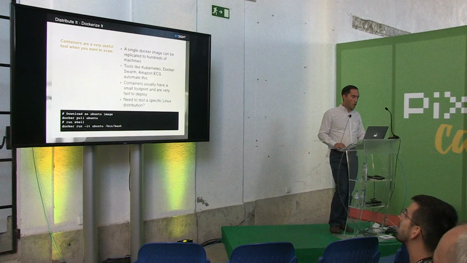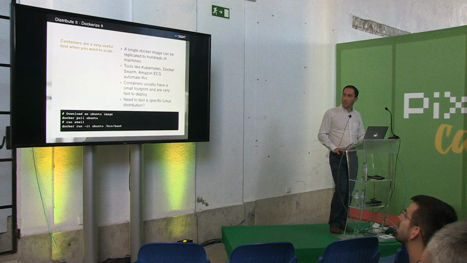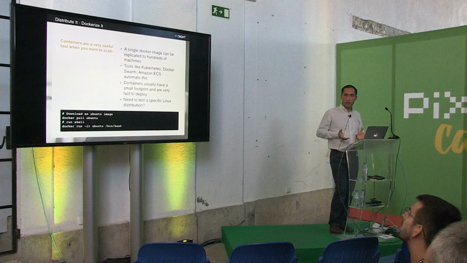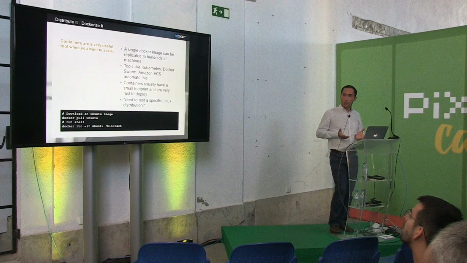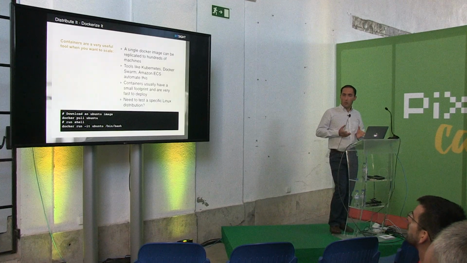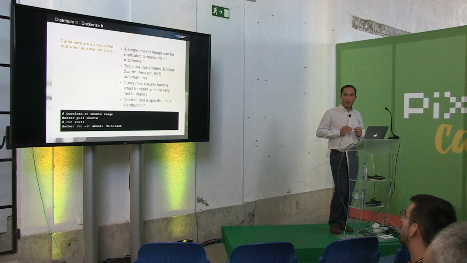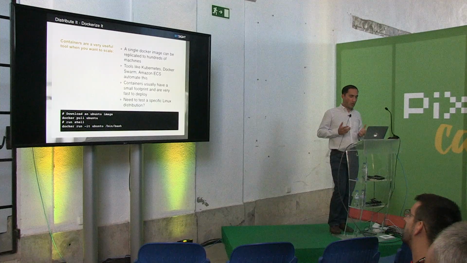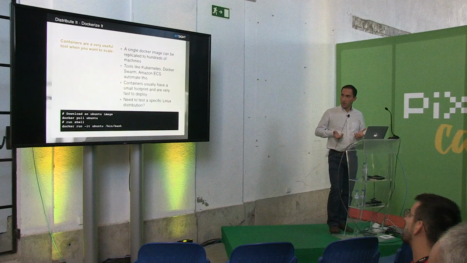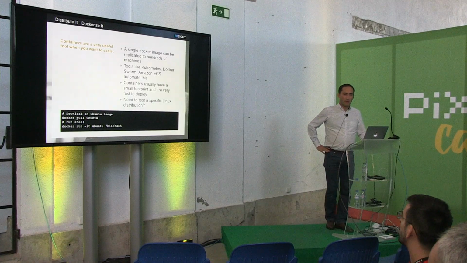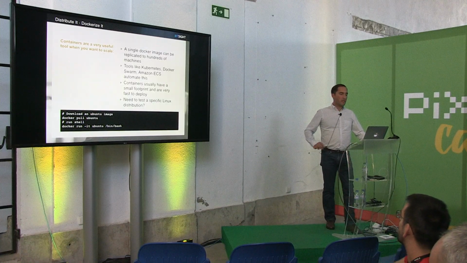You have Docker Swarm, Amazon ECS. So basically, if you provide an image of your container to one of these tools, you are a small step from making it a larger system, because with this, you can very easily increase your system and manage it.